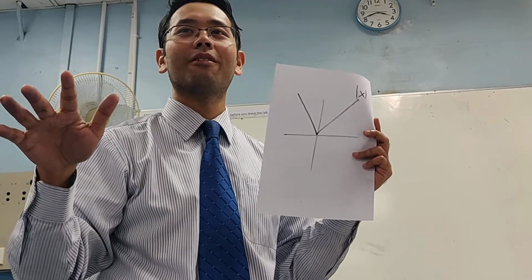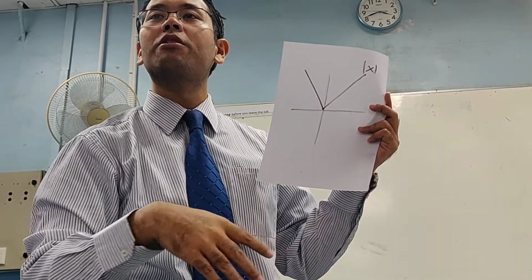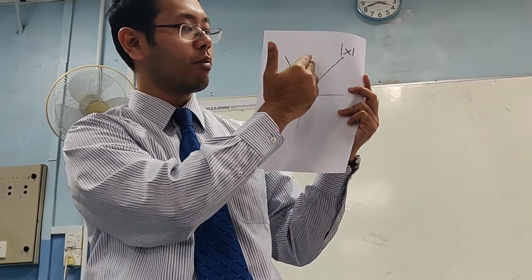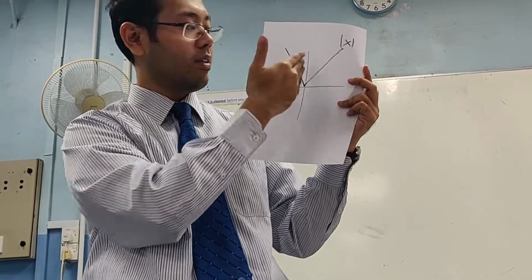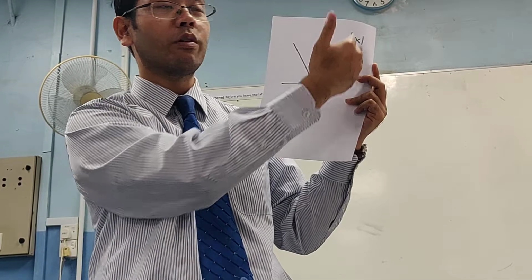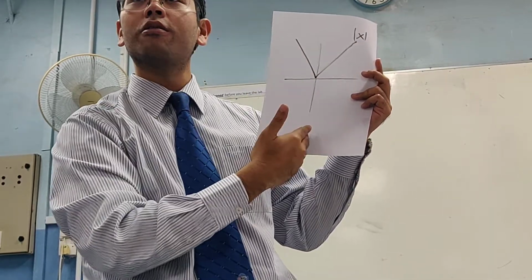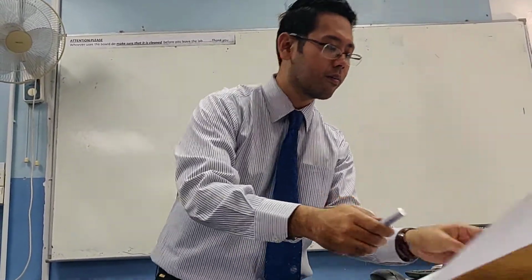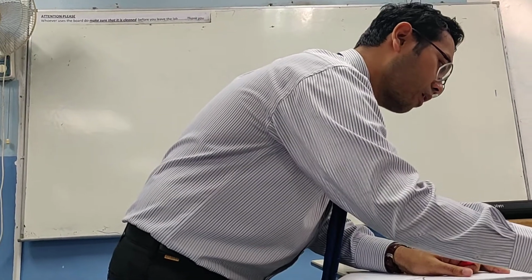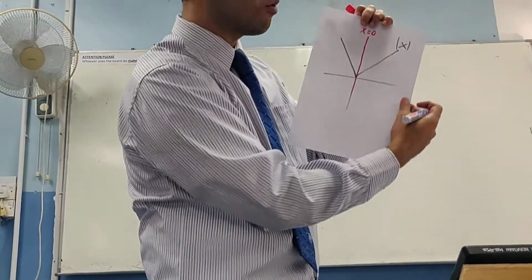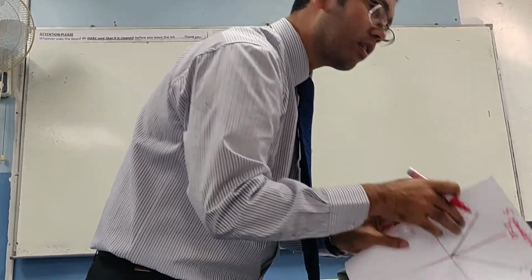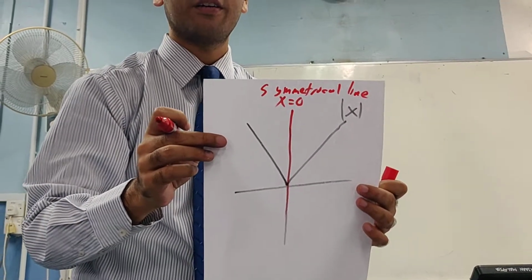It's a different type. First and foremost, where is it symmetrical? This is y, and y is 0 here. X is 0 here. X 1, X 2, X 3, X negative 1, X negative 2. So X equals 0 is your symmetrical line.